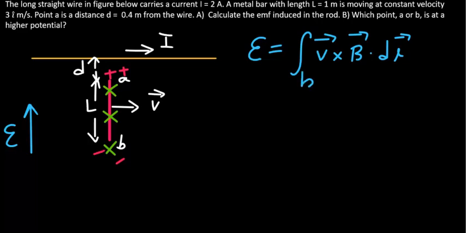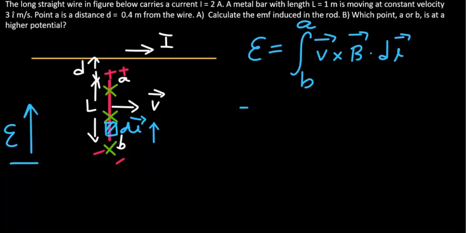The lower limit is the value of L associated with point B, and the upper limit is the value of L associated with point A. We know that V and B, which is going into the plane, as represented by these crosses, are 90 degrees with respect to each other. dl represents the length element along that metallic bar, and it's going in that direction, following the direction of the induced EMF.